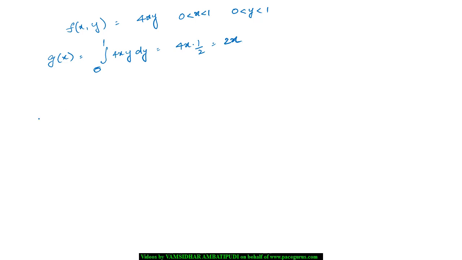Similarly, I can find out the marginal density of y, where I am integrating across all the x, from 0 to 1, 4xy dx, which will give me 4y, and integral of x is x squared by 2, again 1 by 2, so which is 2y. So this is the marginal density of y.